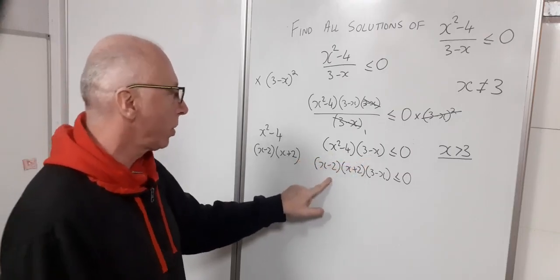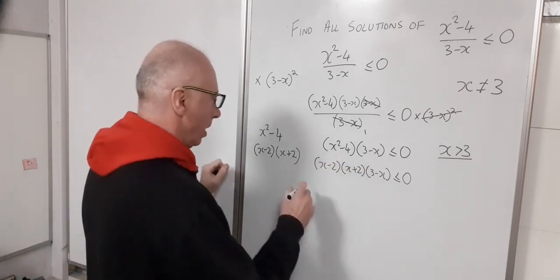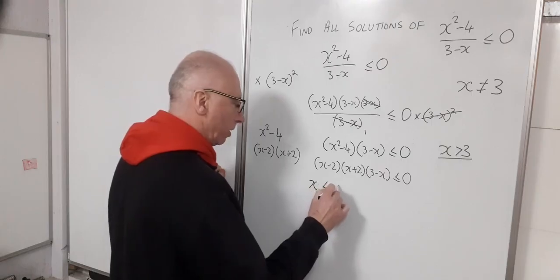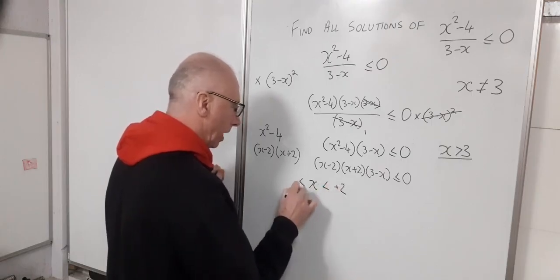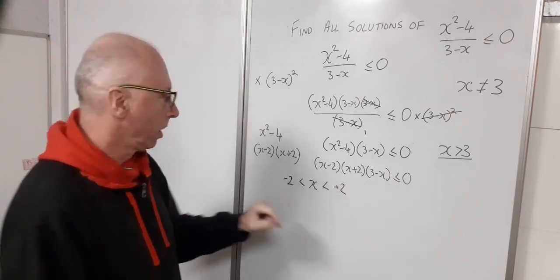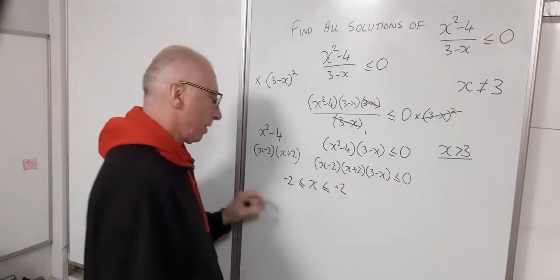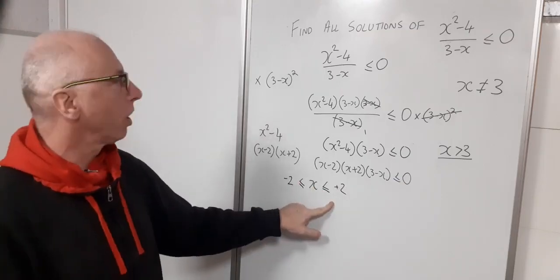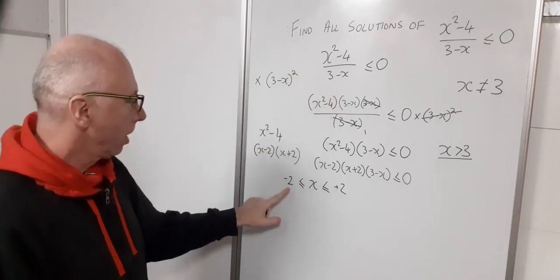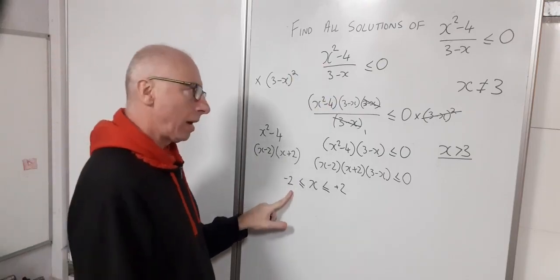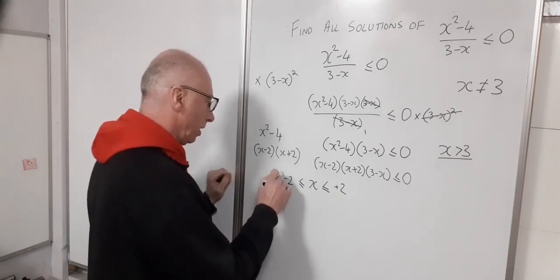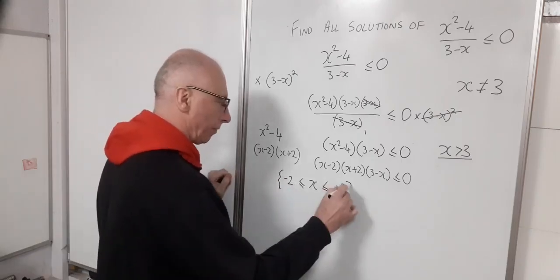So then my solution set with regards to this one, I'm going to have x less than positive 2 and greater than minus 2, but also I can allow it to equal 0. So if I plug that as an equal sign in there, that will also work. And also to put 2 in there is fine with my denominator. So my solution set, we've now got it, is from minus 2 to plus 2 for x here. So that's one part of it.